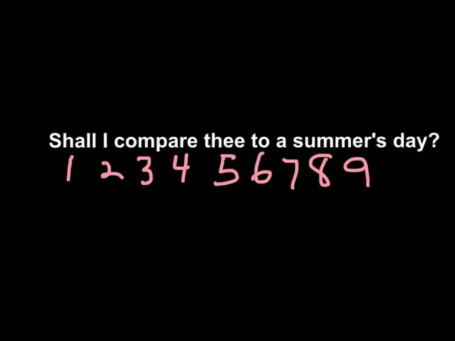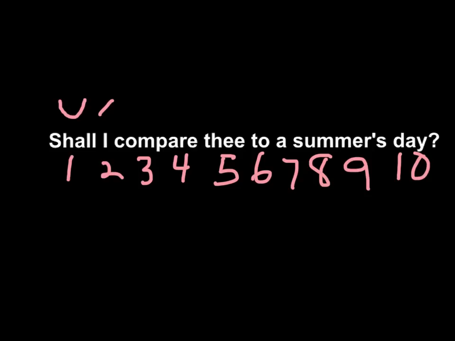Now let's take a look at one of the most famous lines from Shakespeare, the first line in his sonnet 18. Shall I compare thee to a summer's day? 10 syllables. They are, of course, in the pattern unstressed, stressed.